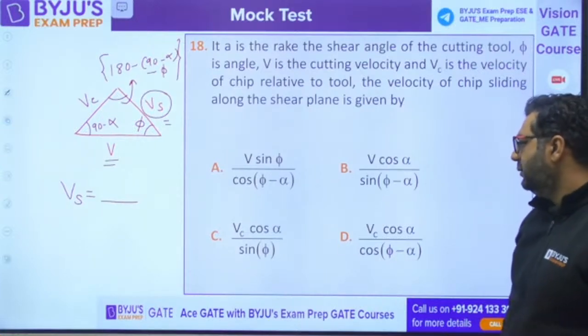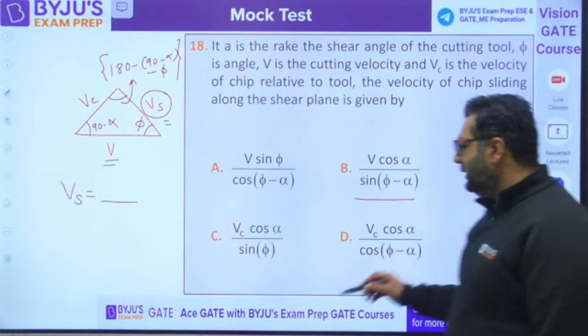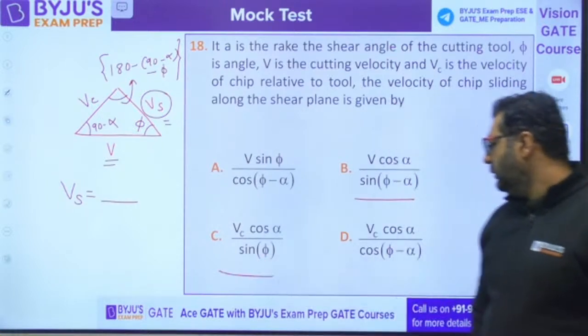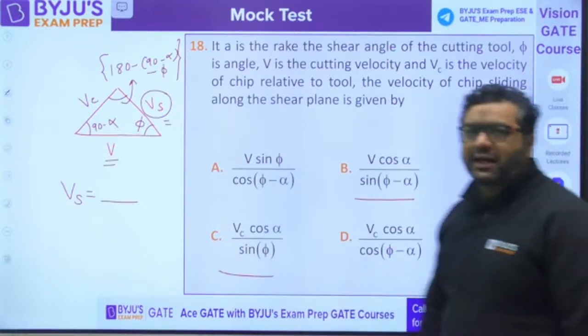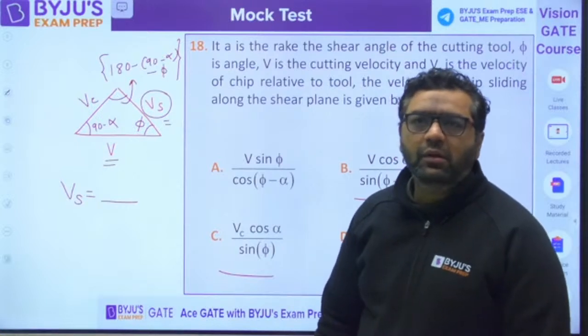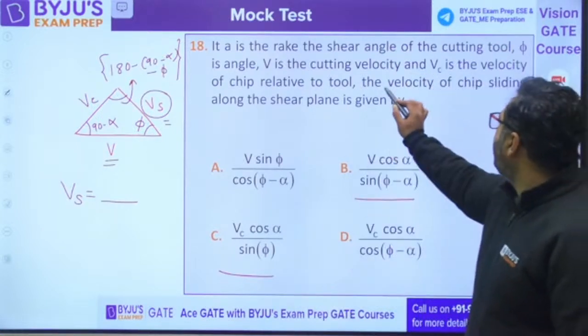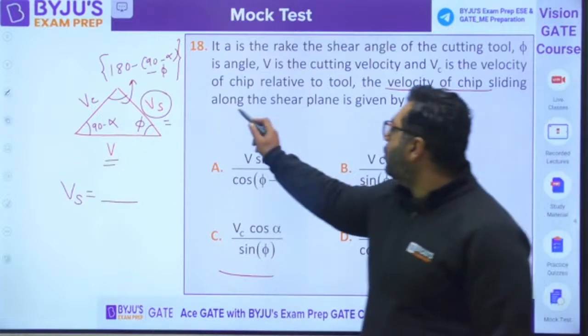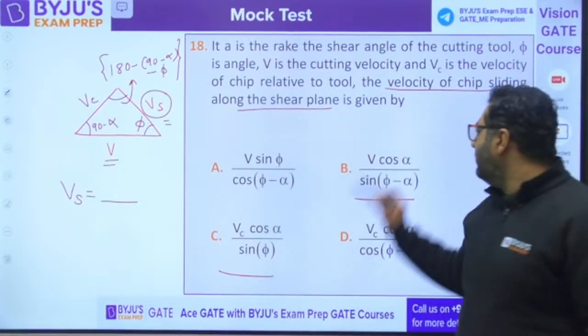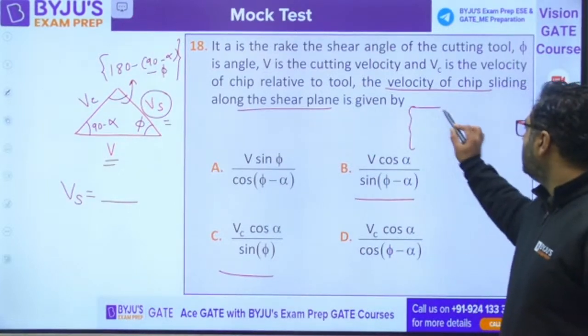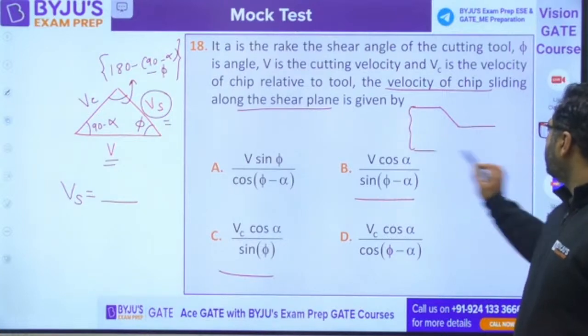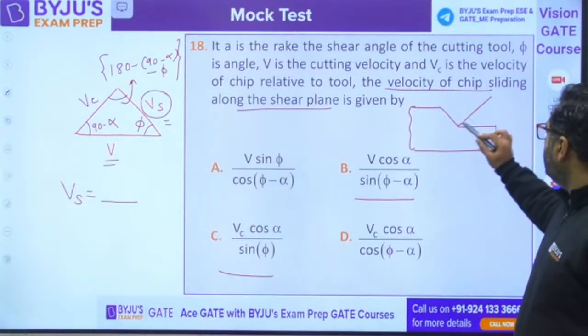Yes. B or C? What would be the answer? Dear, they are asking for the velocity of chip sliding along the shear plane. This is the tool.